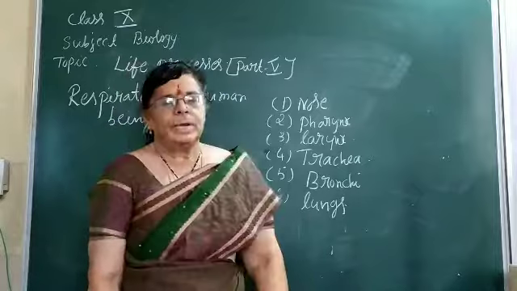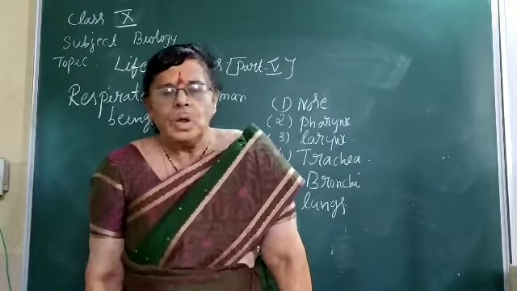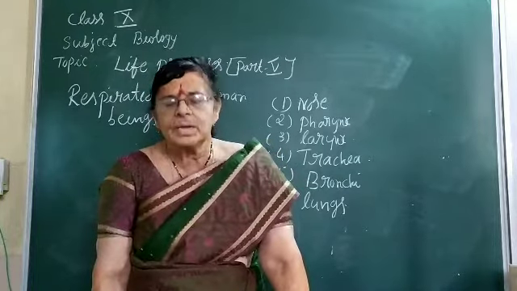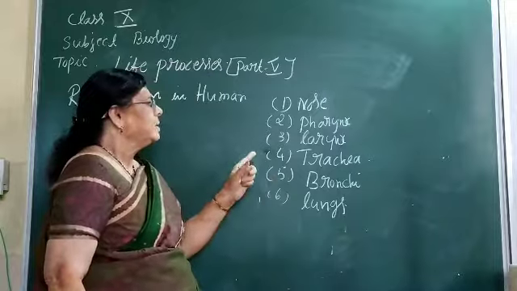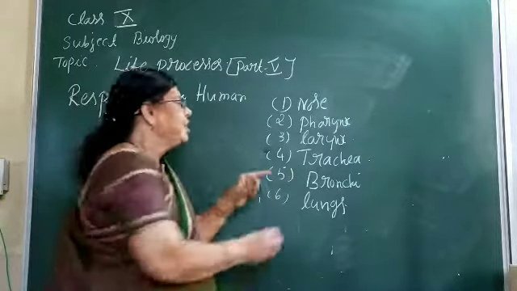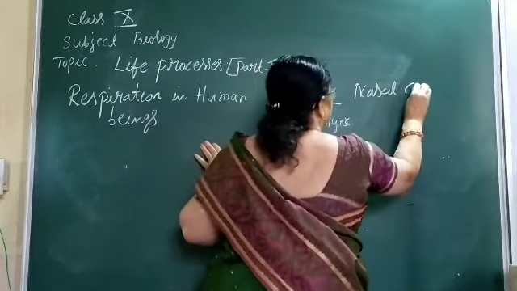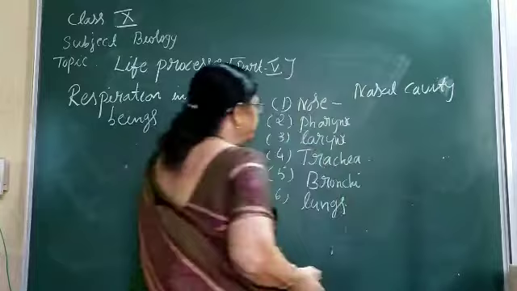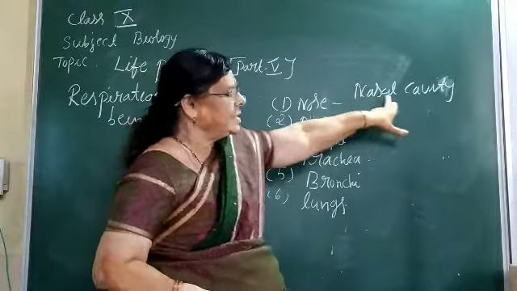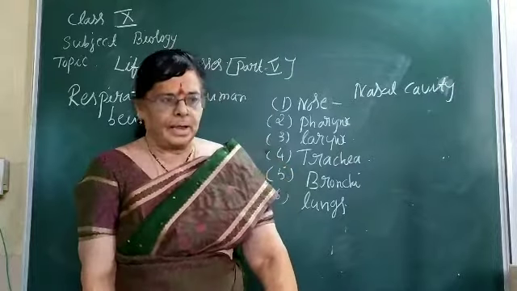The nose. When we take up the nose, you know that there are two external nasal openings. We call them nostrils. The nostrils open into a chamber called the nasal cavity. The speciality of this nasal cavity is that it is provided with hairs.